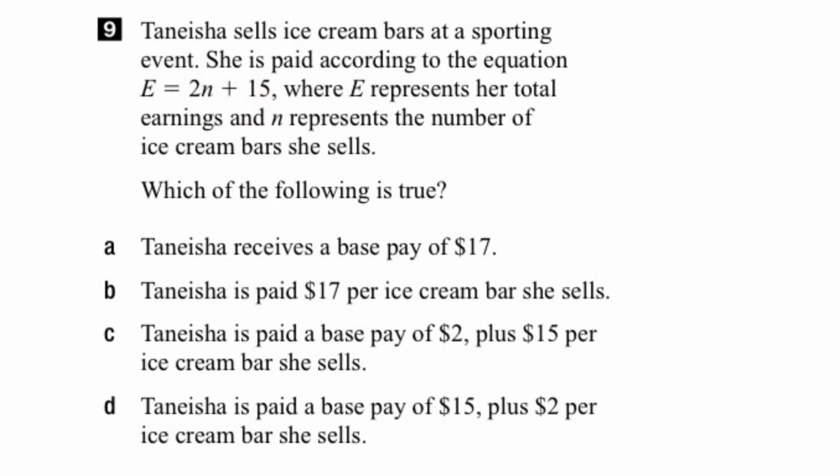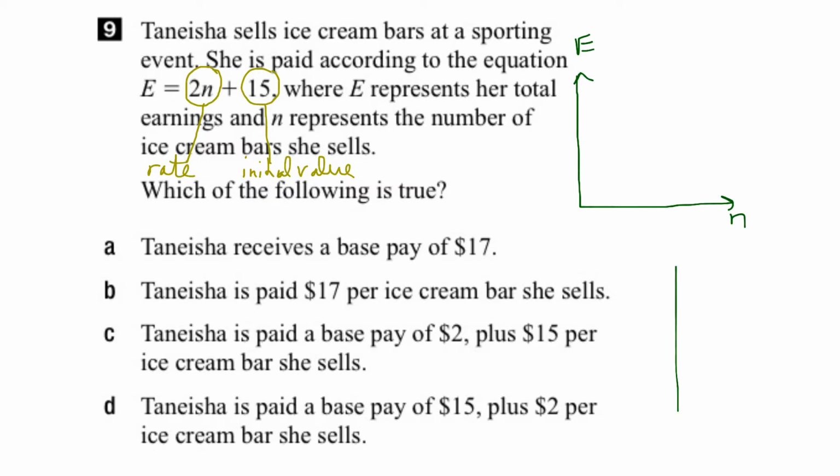So we know that this is a linear equation because it consists of a rate of change here and an initial value. Now let's go ahead and plot this equation just to make sure that we confirm that it is linear. Tanisha's earnings would be the vertical axis, and the number of ice cream bars she sells would be the horizontal axis.